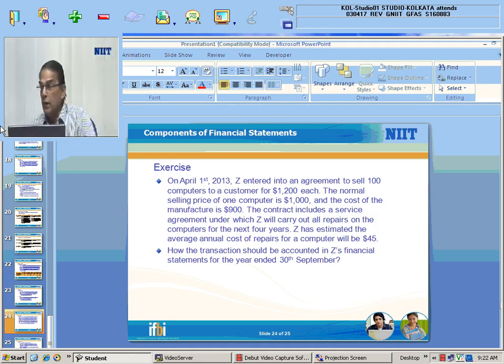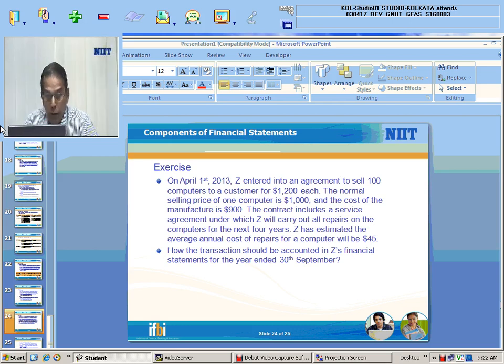This point you have to understand, then the rest is easy. So $1,200 basically comprises two components. One is sale of goods, that is sale of computer, $1,000, and the remaining $200 is for services to be rendered over a period of 4 years starting from 1st of April 2013. So when this $1,200 is received in respect of each computer, how will this be accounted for in the books of Z?